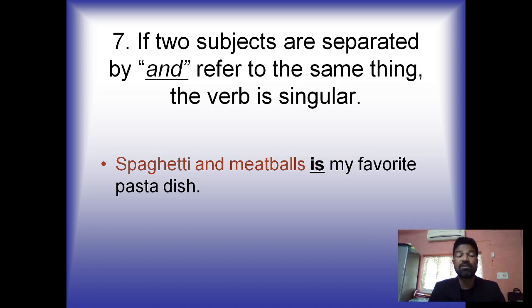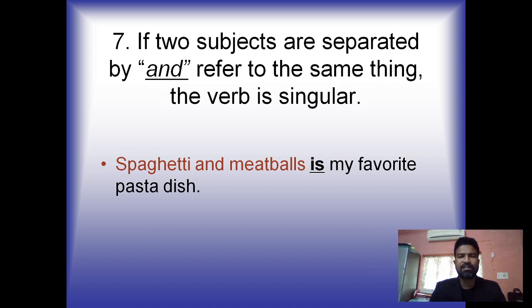Therefore, we must use a singular verb. Check out an example here. Spaghetti and meatballs is my favorite pasta dish. Spaghetti and meatballs refers to one dish called pasta, one food item. Therefore, is my favorite pasta dish.